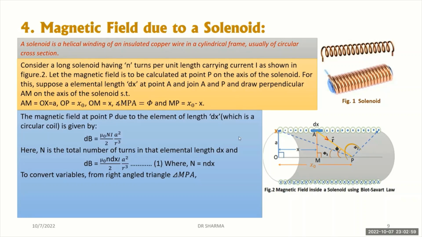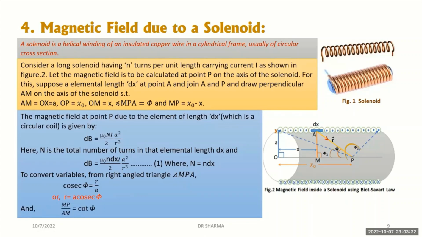In this triangle, we have cos phi is equal to r by a, that means hypotenuse upon perpendicular. Here, r is the hypotenuse, and AM, equal to a, is the perpendicular. So this implies r is equal to a cos phi.